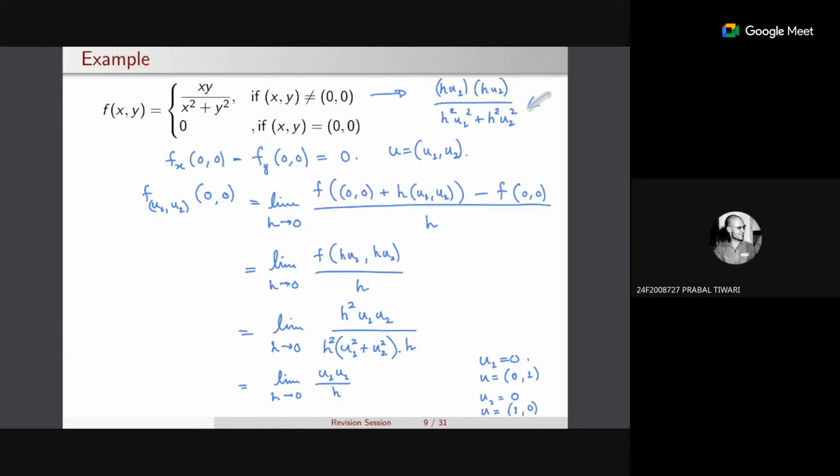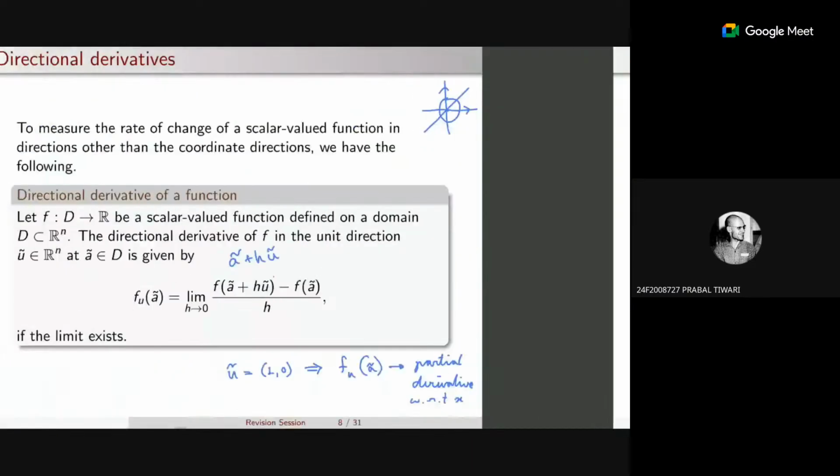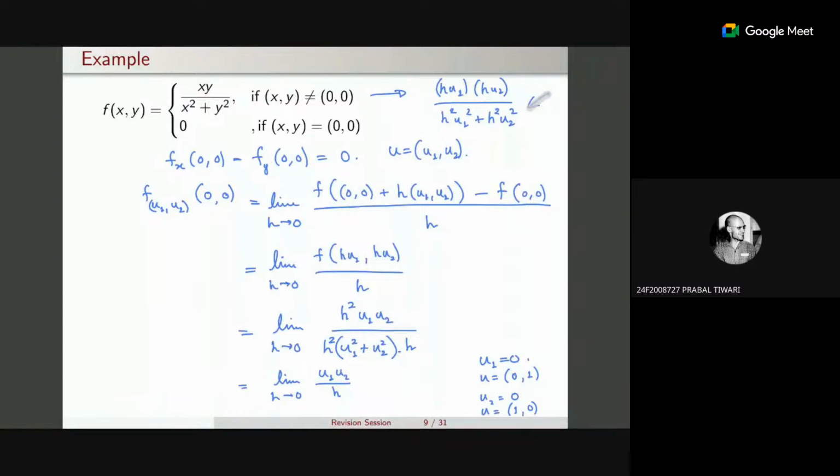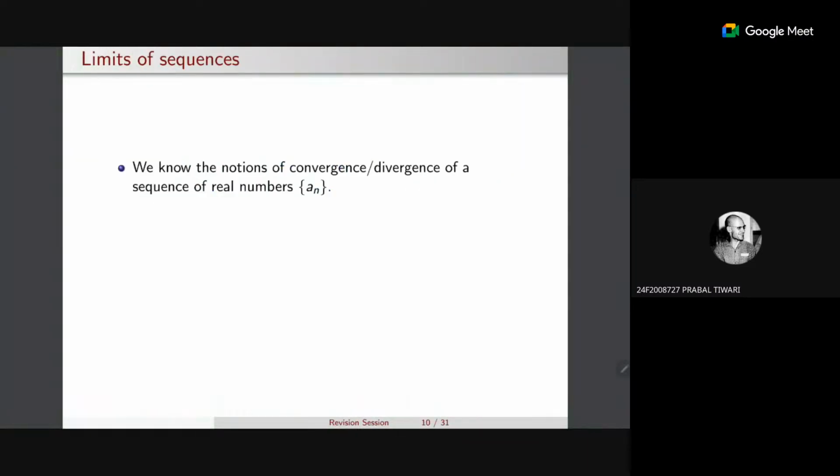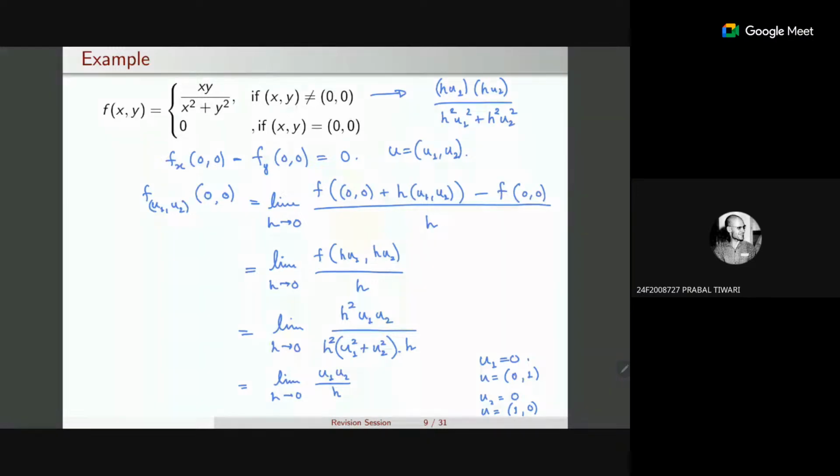Sir, when u1 and u2, like a product of 0, u1 u2 is equal to 0, then it is a 0 by 0 form. Let's say u1 is equal to 0 and u2 is equal to 1.